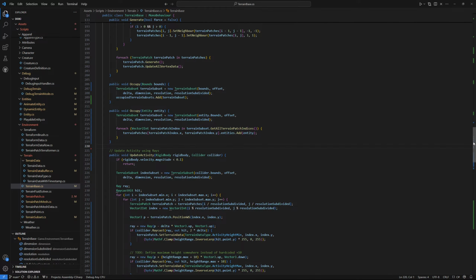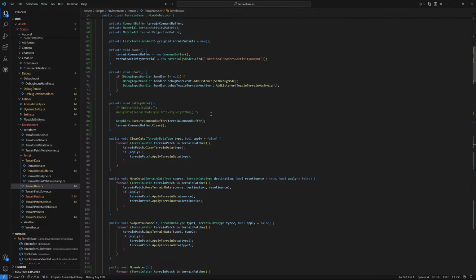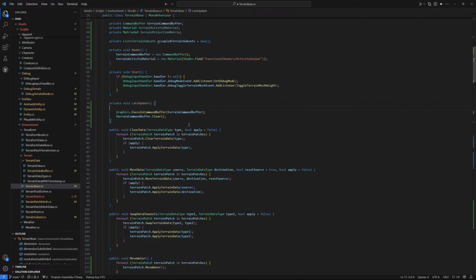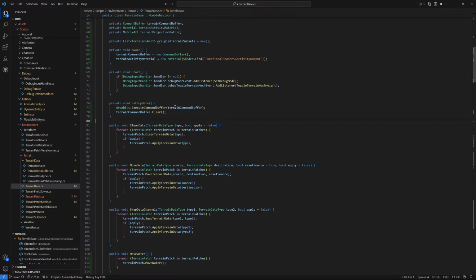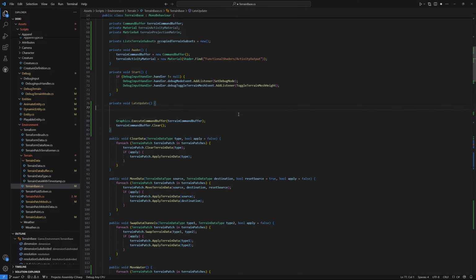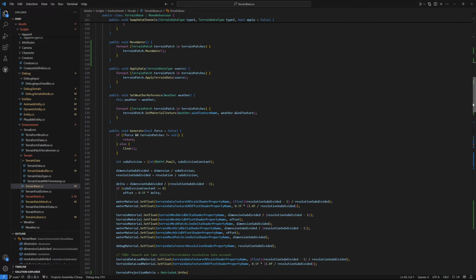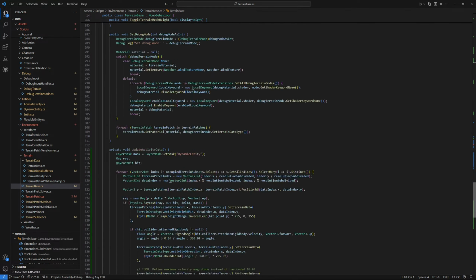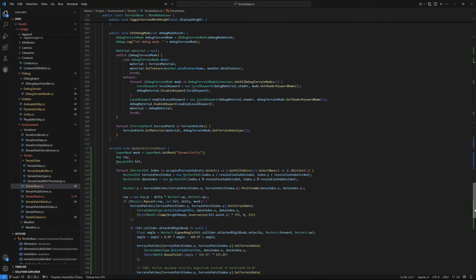So that's what we do in occupy. And then in late update, we want to do a lot of things. We want to execute command buffer, but before we do that, we want to fill it up. And finally, we want to fill it up basically. So let's see.